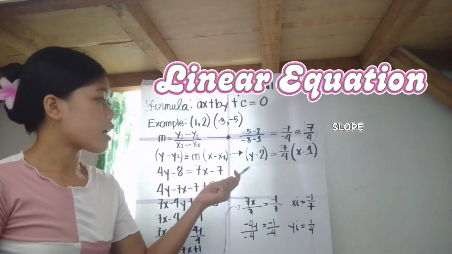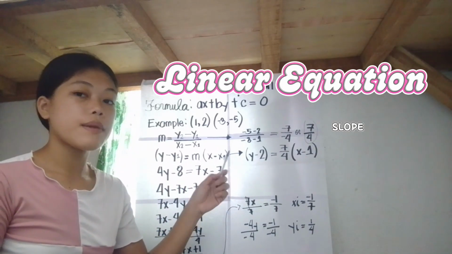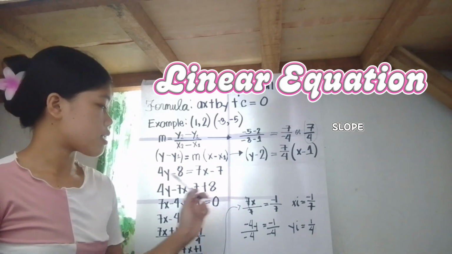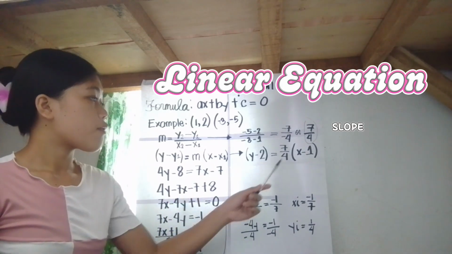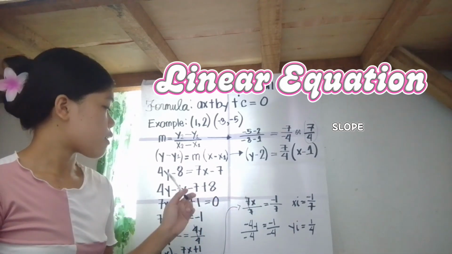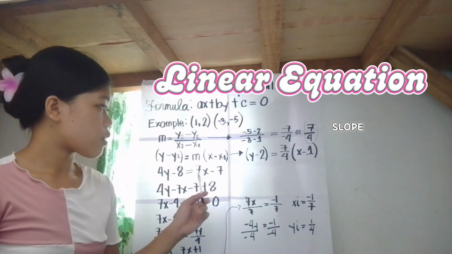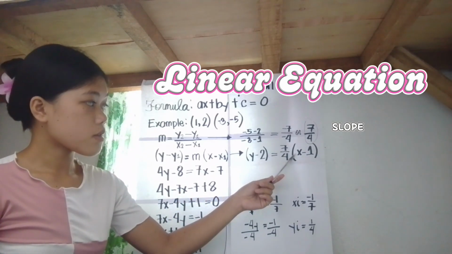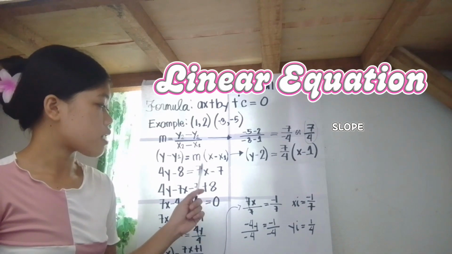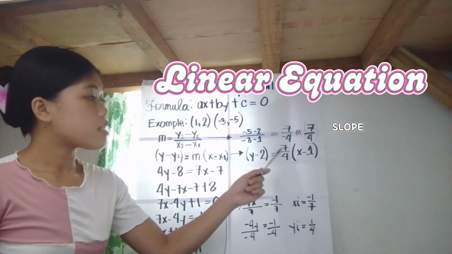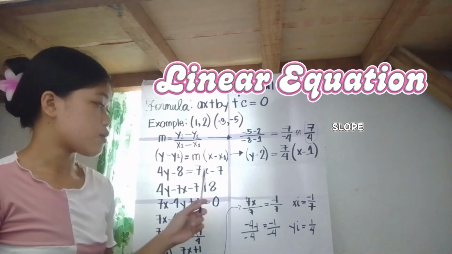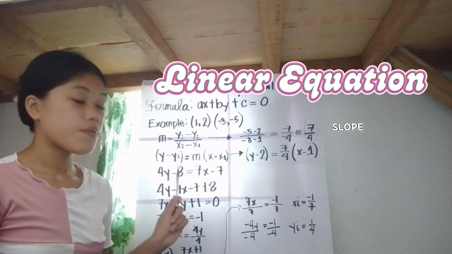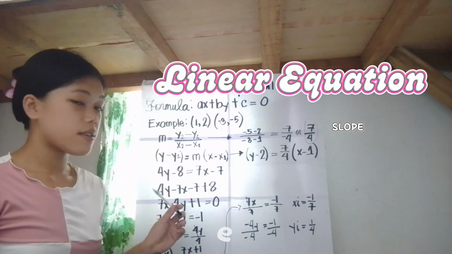Then we are going to use the multiplicative inverse. So we have 4 times y is equal to 4y, and 4 times negative 2 is negative 8, is equal to 7 times x is 7x, then 7 times negative 1 is negative 7. Then we do the additive inverse.